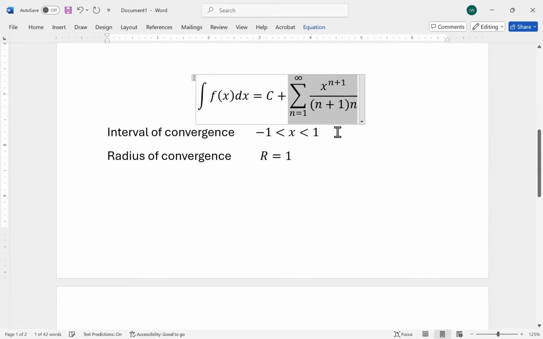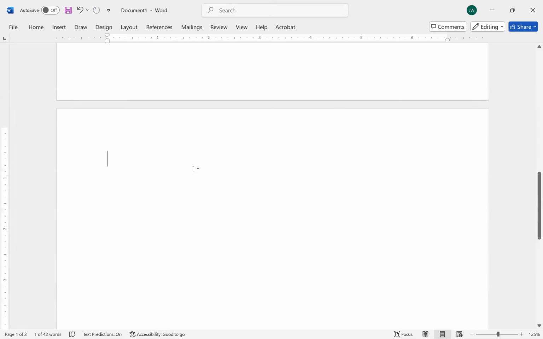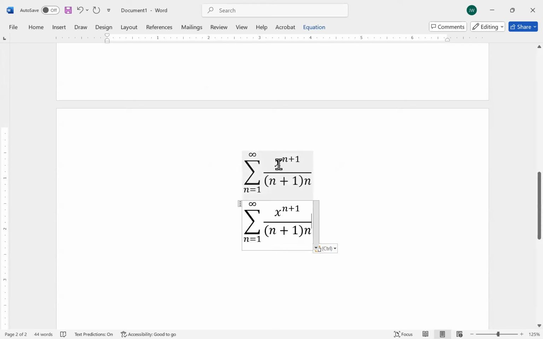Again, the plus c isn't going to matter as far as the convergence goes, but if I wanted to check the endpoints, I'd plug in a -1, and obviously I'd plug in a 1.